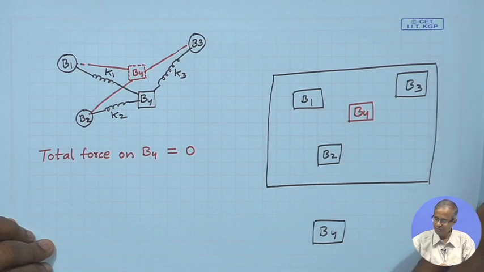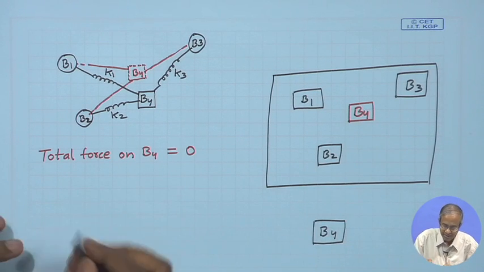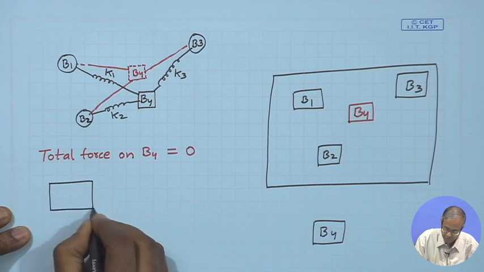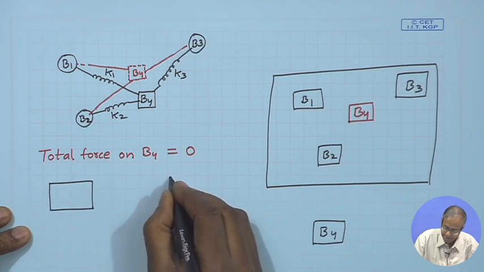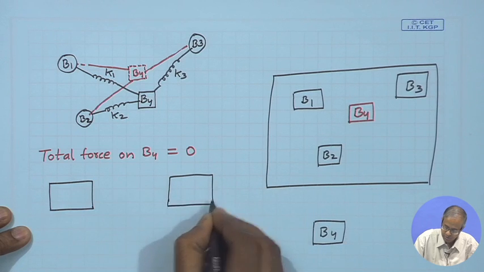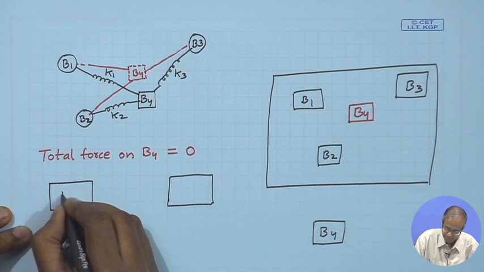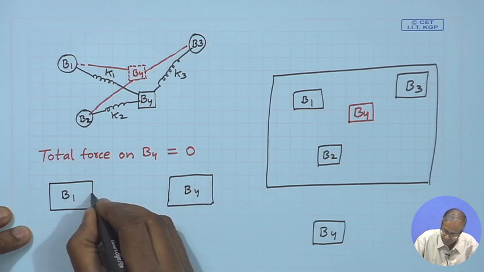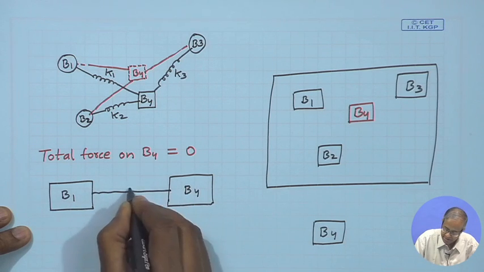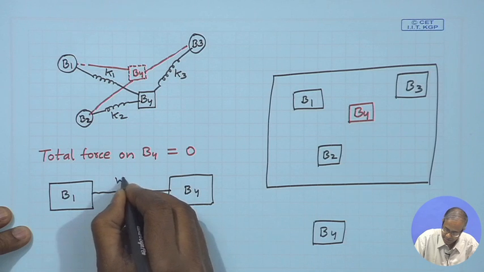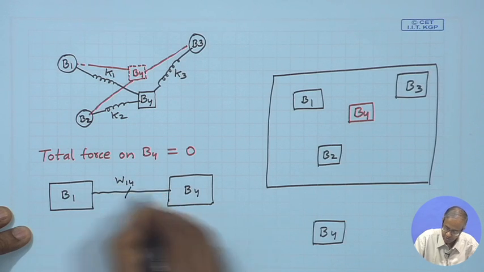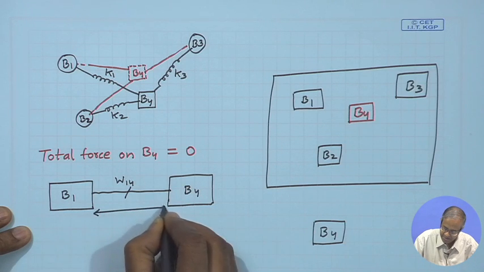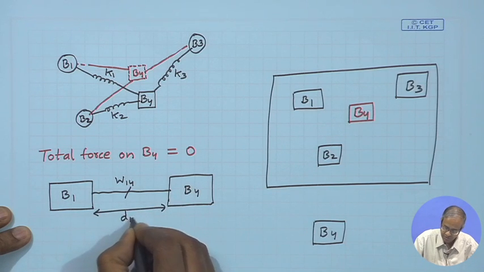right. So, in general, if you just look at it again, whatever I have said, that if there are two blocks like this, let us say B1 and B4 in general. So, you have the interconnections, the weight will be, let us say, W14. So, how many lines connecting this? Distance between these blocks, let us say, is D14.